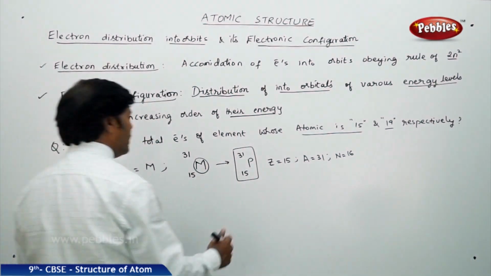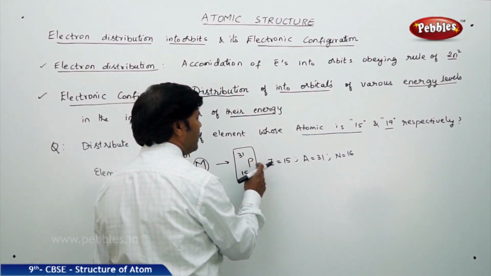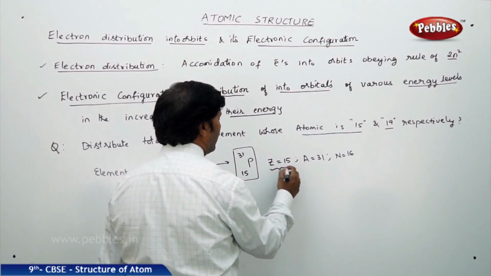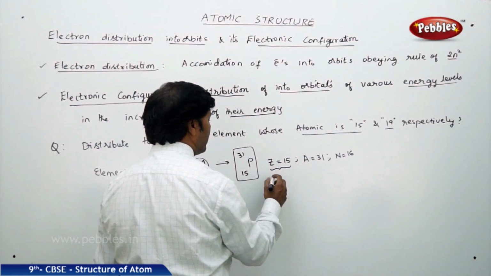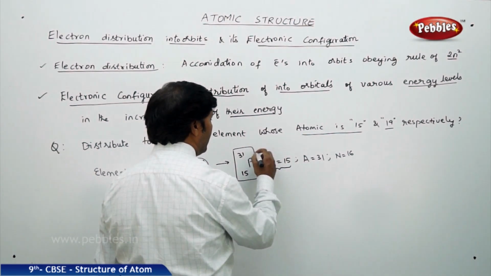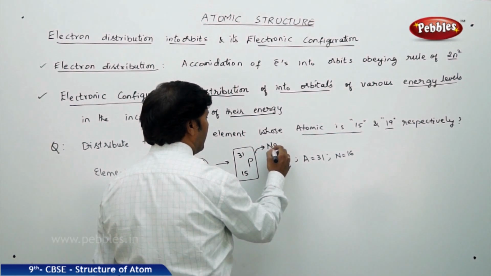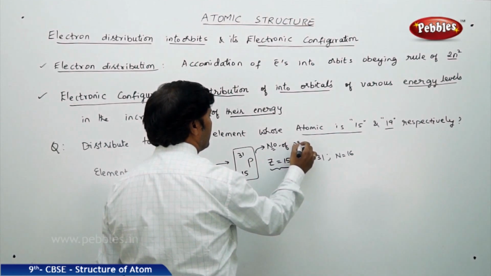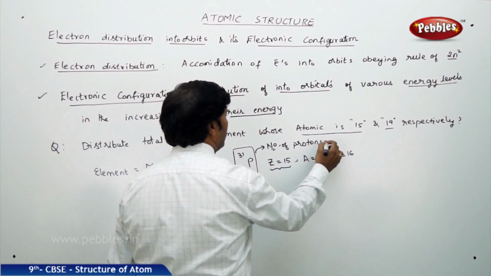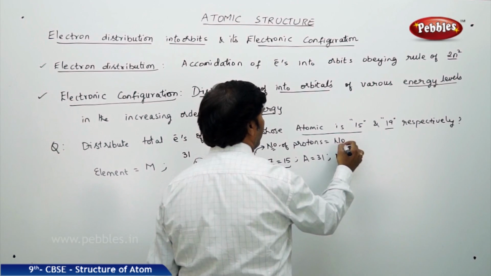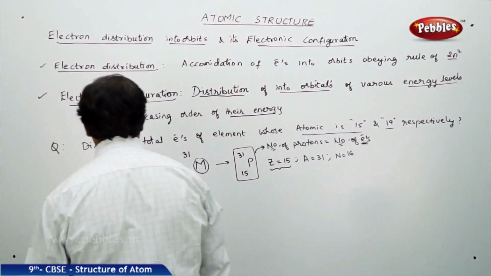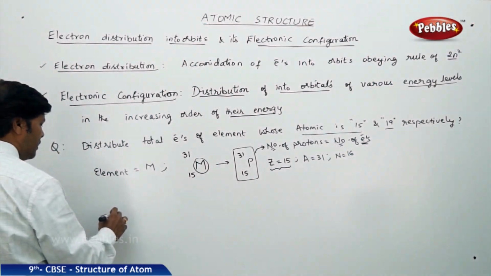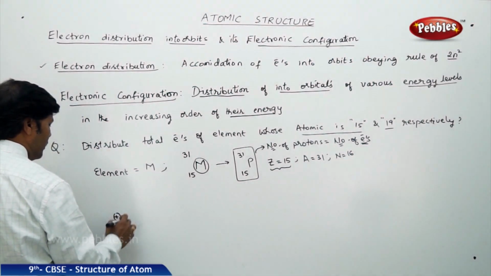Because phosphorus is in the neutral state, the number of protons present in the phosphorus must be equal to the number of electrons. Now take the nucleus of the phosphorus atom.